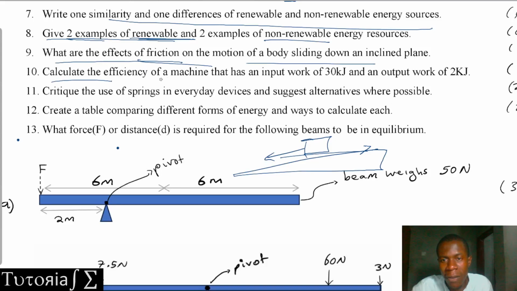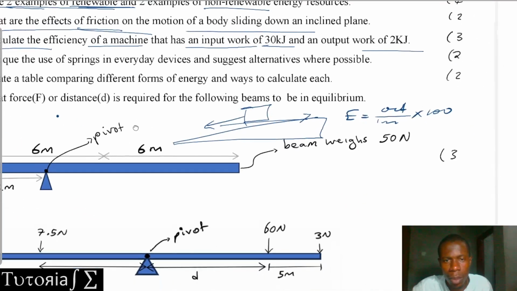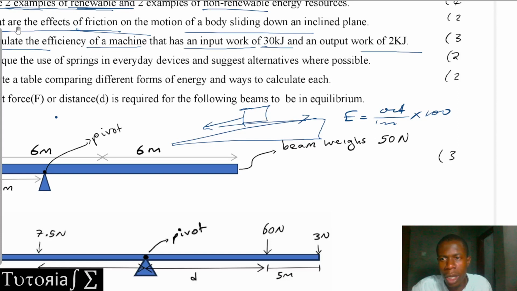All right, calculate the efficiency of a machine that has an input energy of 30 kilojoules and an output energy of 2 kilojoules. So remember the formula for efficiency. We said output over input energy or work times 100%. So our output work in this case is 2 kilojoules.